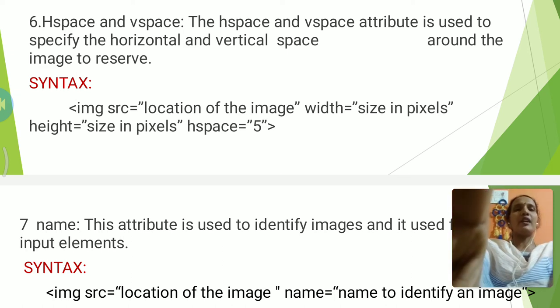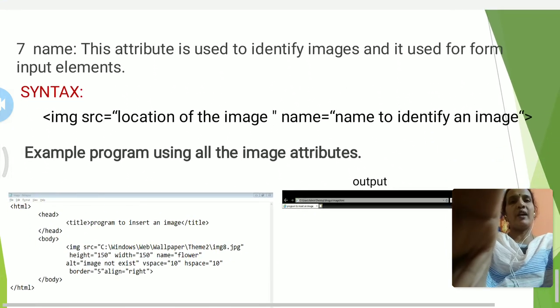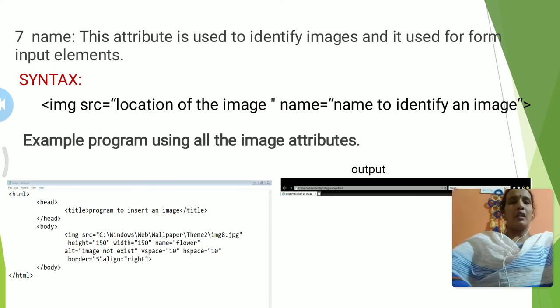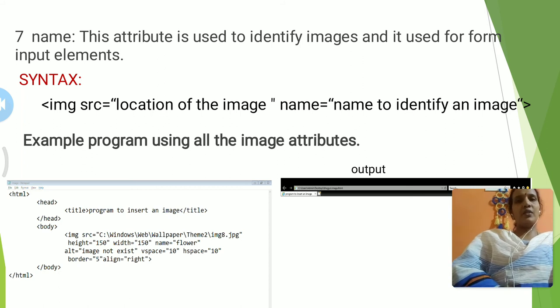Now come to the next attribute, the name attribute. With this attribute you can identify the image; it is used to name the image. By default, whatever name the image file has is different from the name you assign. When you are moving an image from one location to another, you need to identify that image, so you can give a new name, and that particular image is identified with that name.